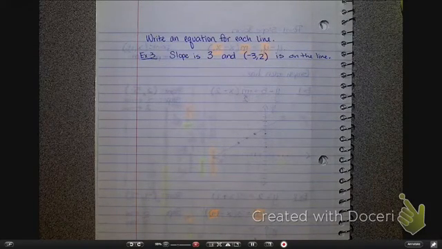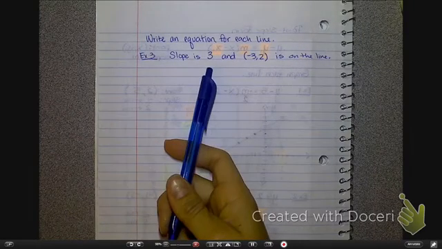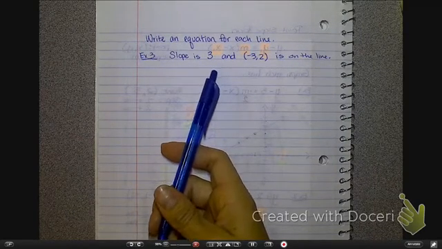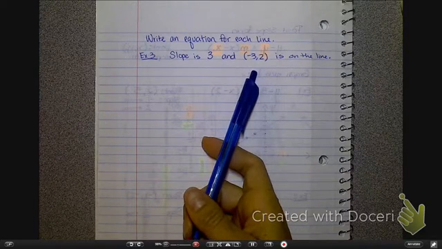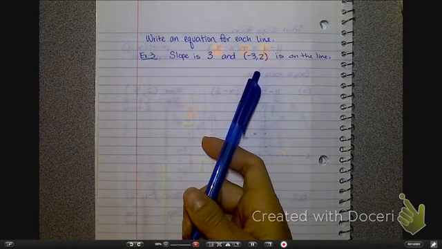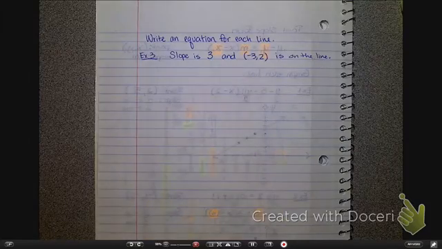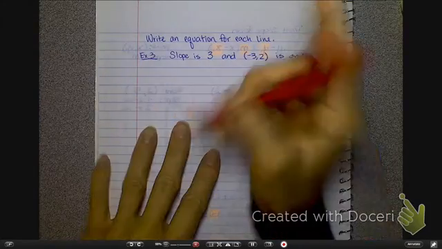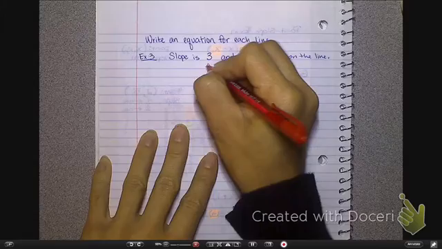All right, so this is the information that we're given about our line. We're given the slope. They also told you a point that's on the line, right? So this slope is going to go in the spot for m.